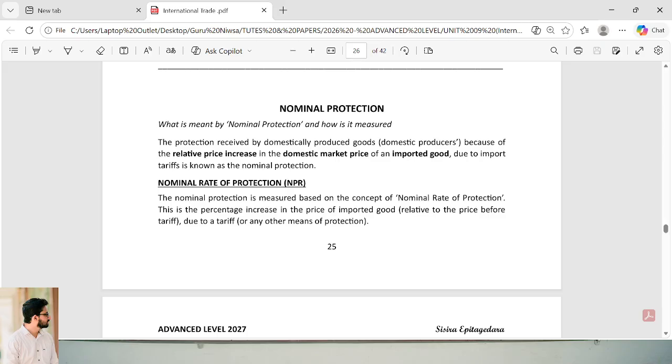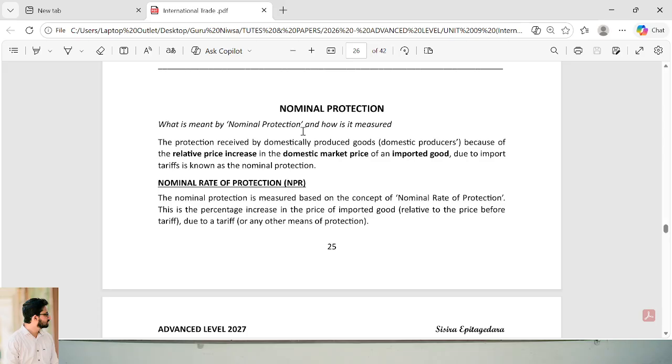You can see the screen. Nominal rate of protection, this is very simple.